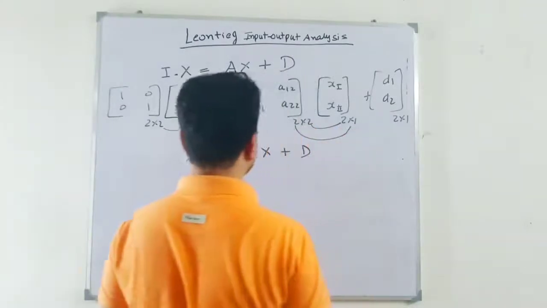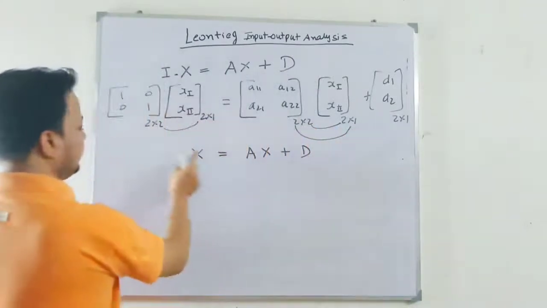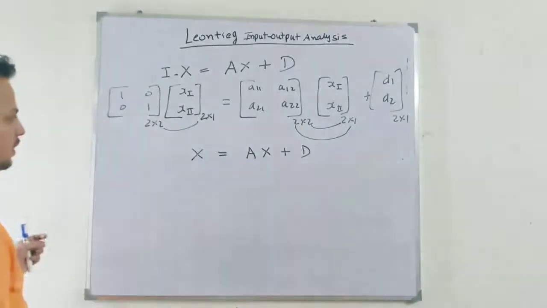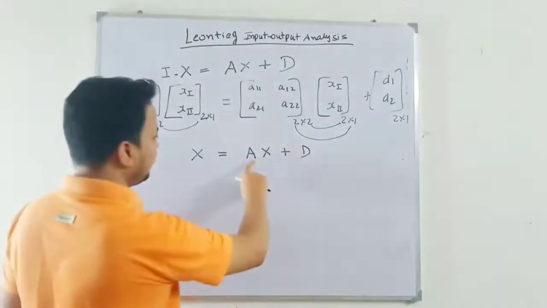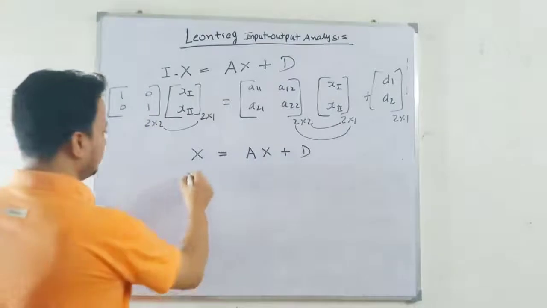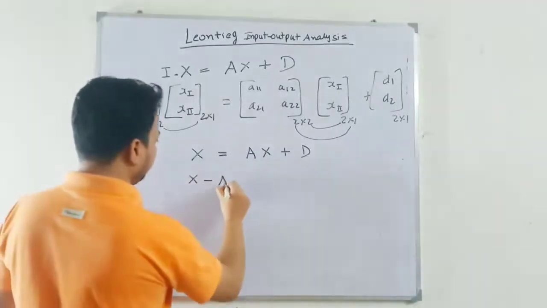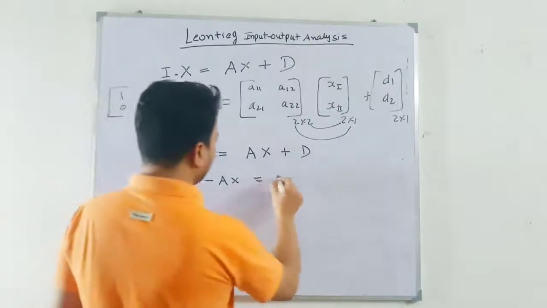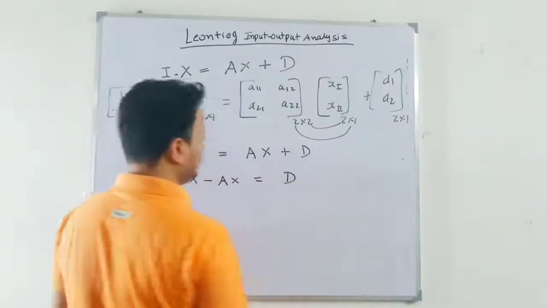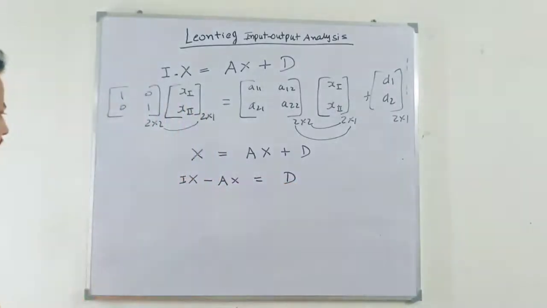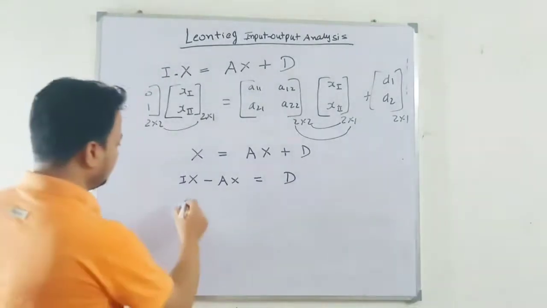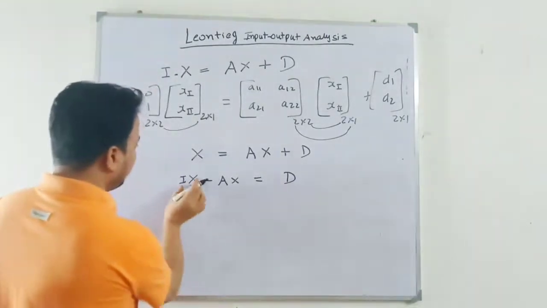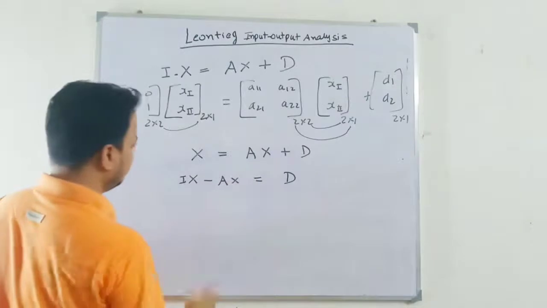So I am taking this one to this side, or subtracting both sides by AX. So X minus AX, put identity matrix, equal D. Now the order will be the same, you can check it.